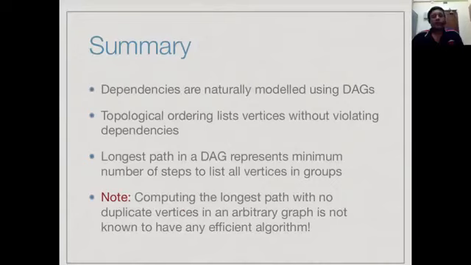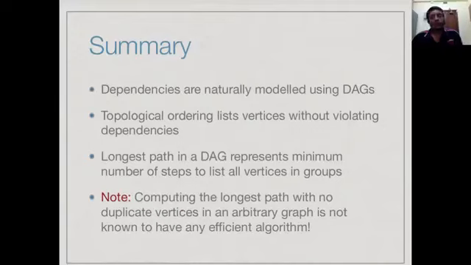And the longest path in a DAG, in some sense, if we can list out vertices in groups, represents the minimum number of steps in order to enumerate all the vertices. So if we are going to do courses in groups, and we want to bunch them and do things which are at the same level at one time, then the minimum number of semesters to complete a set of courses, or the minimum number of days to complete a set of tasks, is given by the longest path.